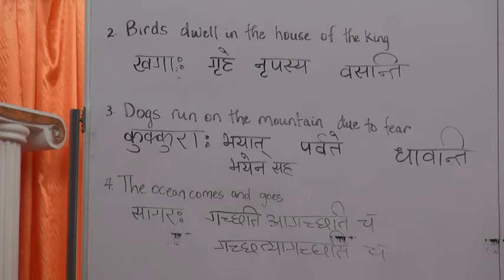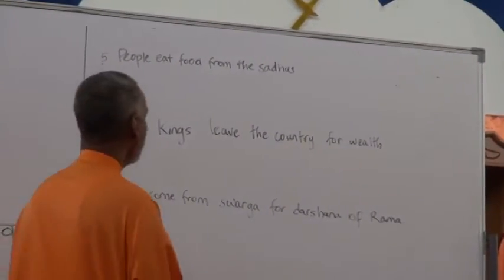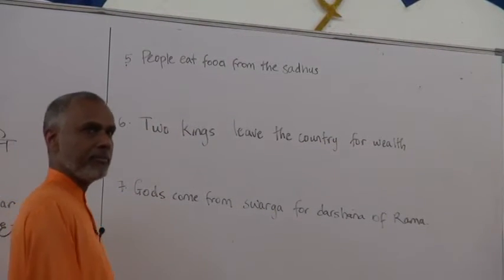You're supposed to give the sadhu food, isn't it? You can't eat the sadhu's food. You have to give him food. Right, so there. People eat food from the sadhu.